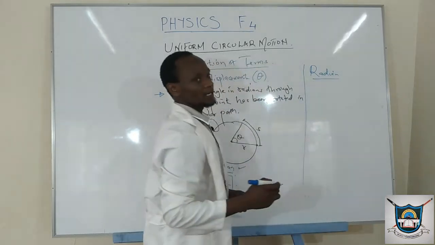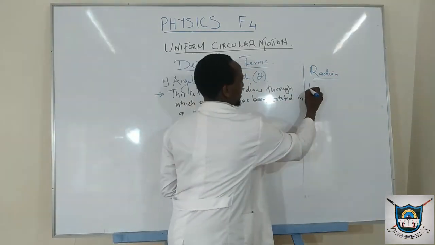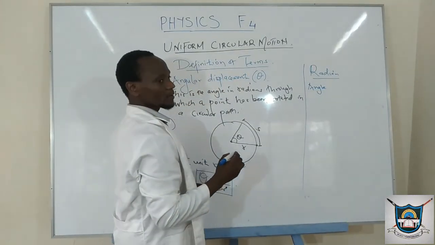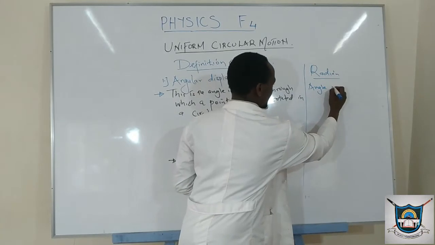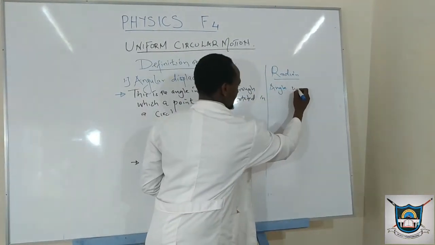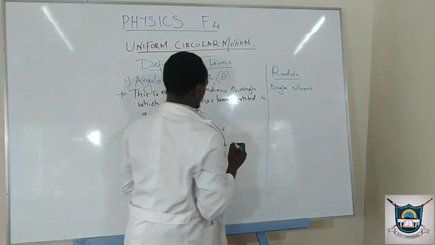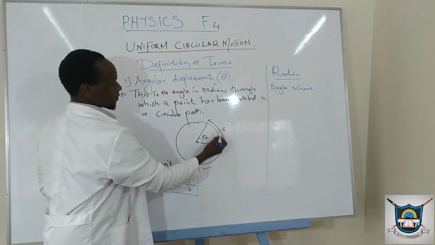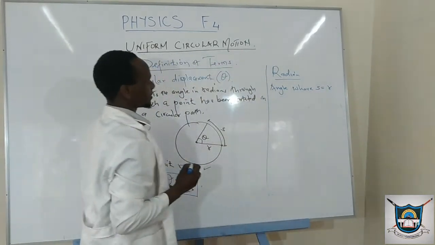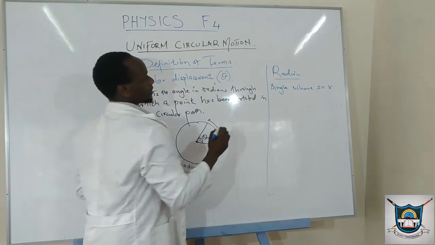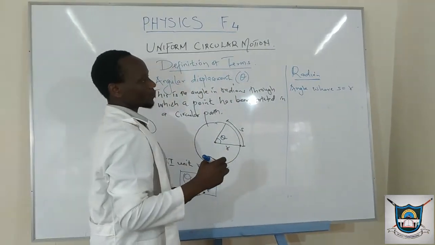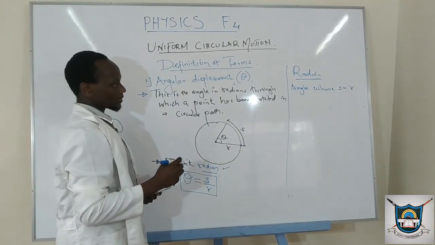A radian is an angle where S is equivalent to R. When S is equivalent to R, then we talk of a radian.